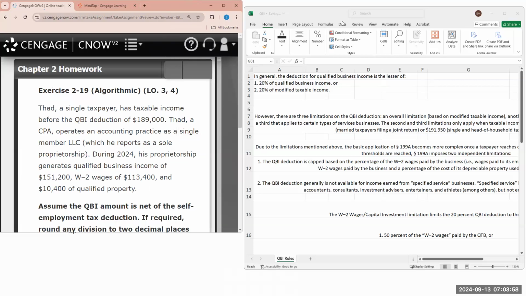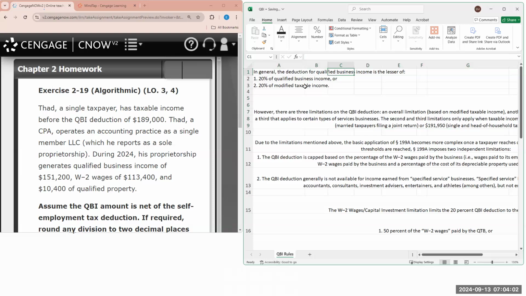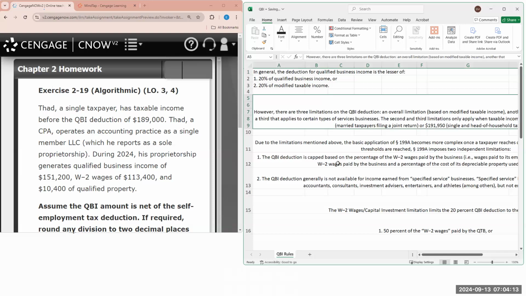As we know, in general, the deduction for qualified business income is the lesser of 20% of qualified business income or 20% of modified taxable income. However, there are 3 limitations on the QBI deduction, right? So an overall limitation based on modified taxable income.